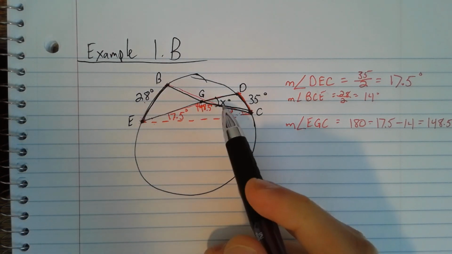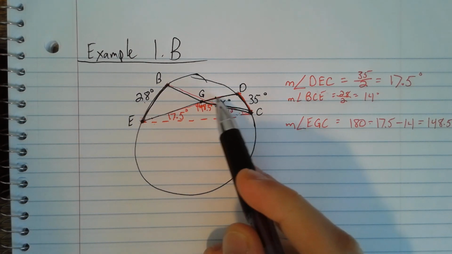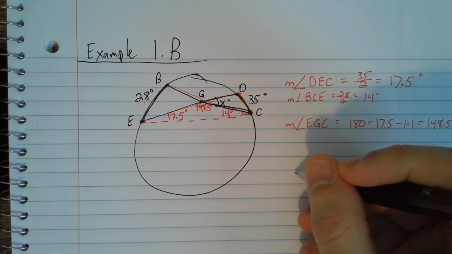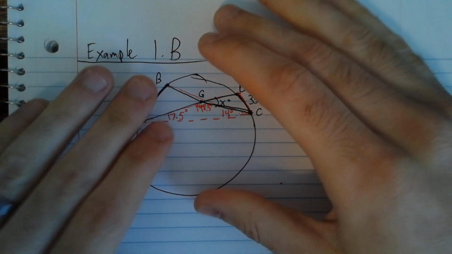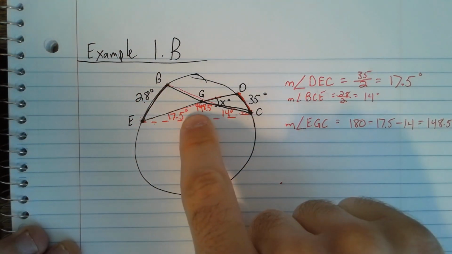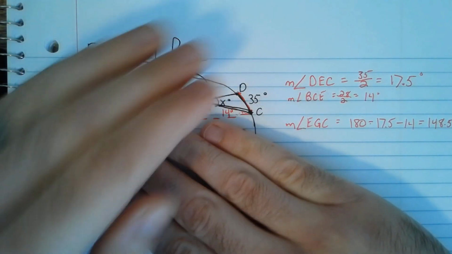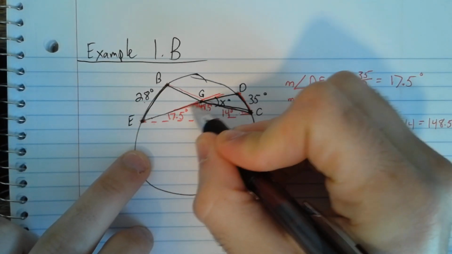Now how does this tie in to this x degrees right here? Well, we know that a straight line equals 180 degrees. So I have this straight line. Let's try to visualize. We solved for all this, so we know this is 148.5. Let's take away all the rest of the circle and just look at this little section right here.